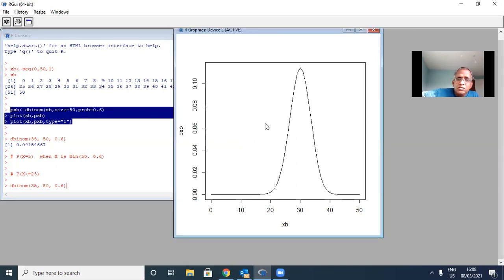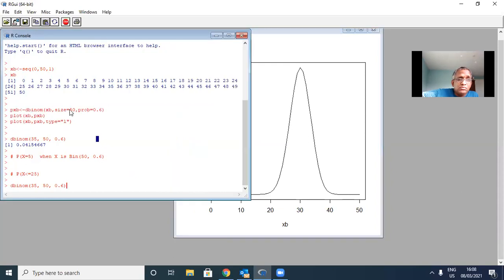Using these three commands, I showed you how to draw a plot of the PMF of a binomial with parameters 50 and 0.6. And this command here computes the PMF of a binomial with these parameters at x equal to 35, not 5. I think I made a mistake. It should have been 35, not 5.